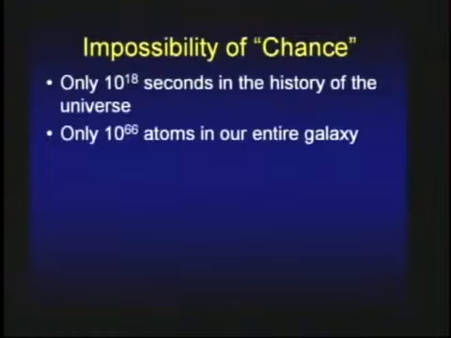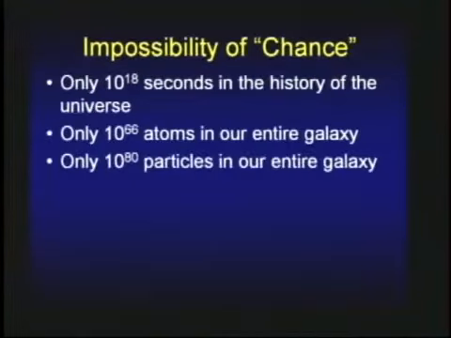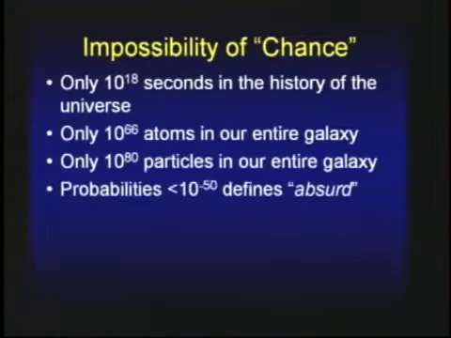There are only 10 to the 66th atoms in our entire galaxy. There are only 10 to the 80th particles in our galaxy. 10 to the 650th power. See, in physics, anything that's more rare than 1 chance in 10 to the 50th is defined as absurd. So 10 to the 650th is not anywhere in the realm of having been occasioned by chance. It had to be designed, and designed very skillfully.